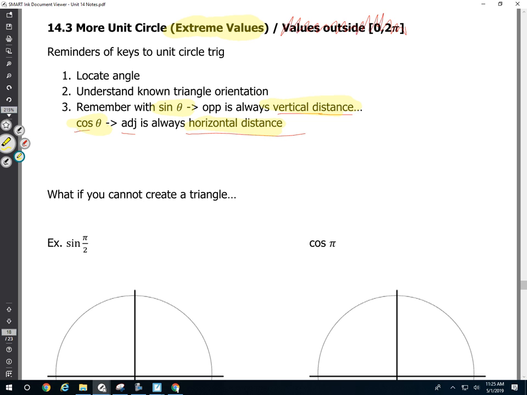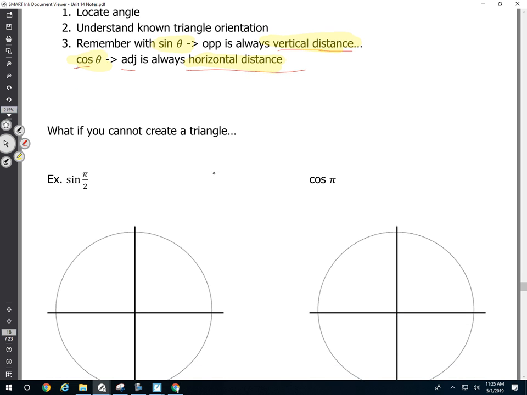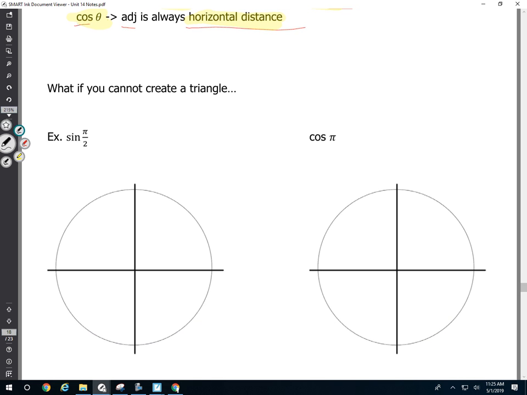Because what we're going to have is a situation where we're talking about pi over 2, pi, 3 pi over 2, 0, where our angles end up being at a location where I can't really draw a triangle. Right?